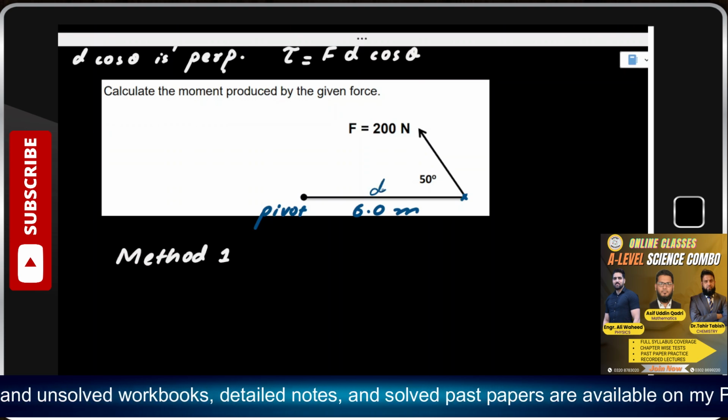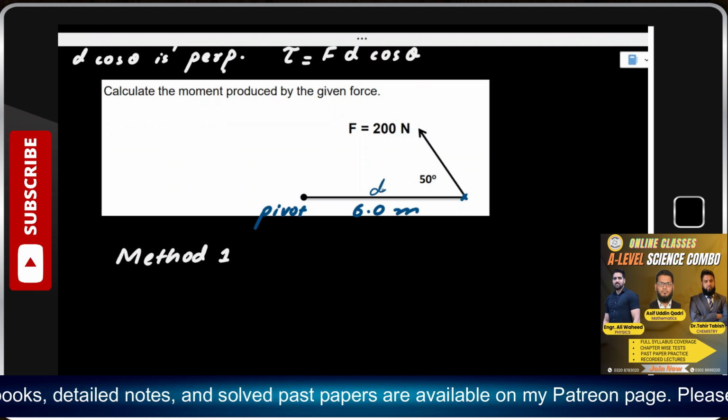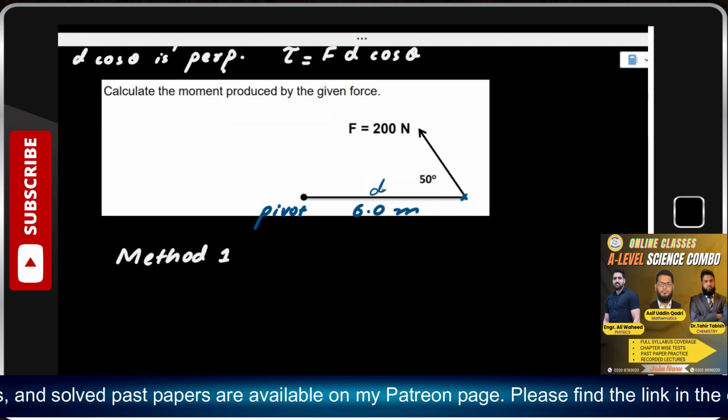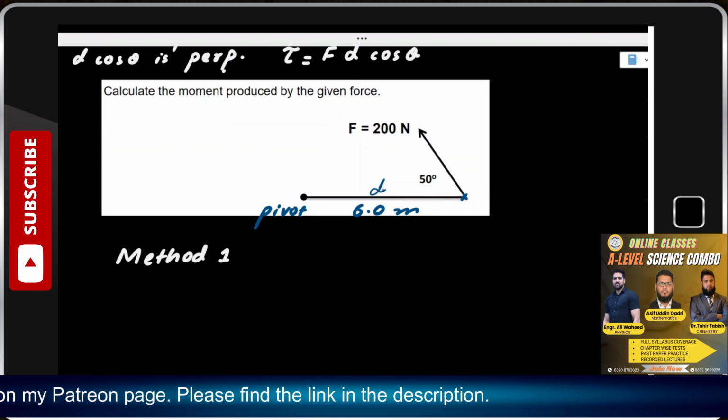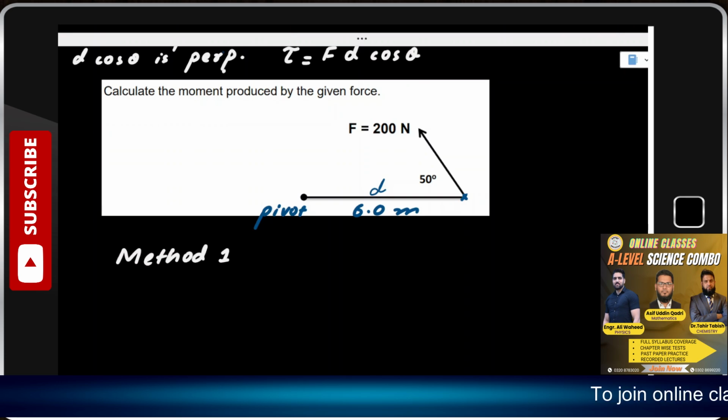You can resolve distance into components or force into components. Which one is better to resolve? I think the one that is already horizontal or vertical, you should leave as it is, and the one that is slightly bent, slightly tilted, should be resolved.